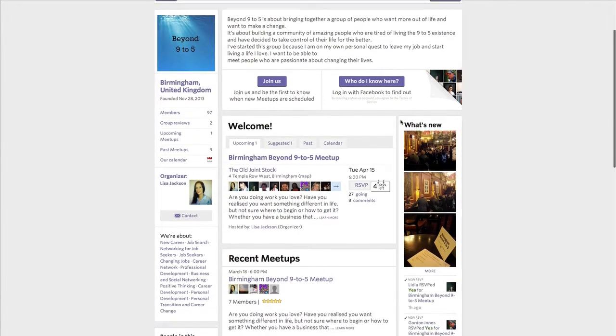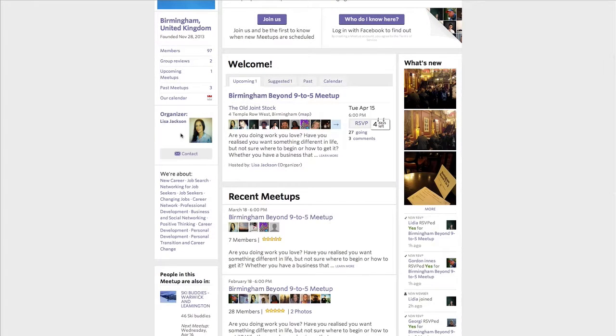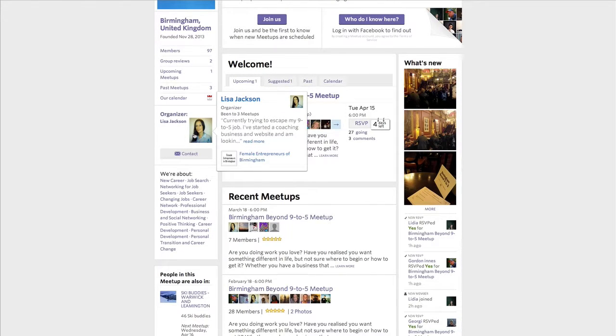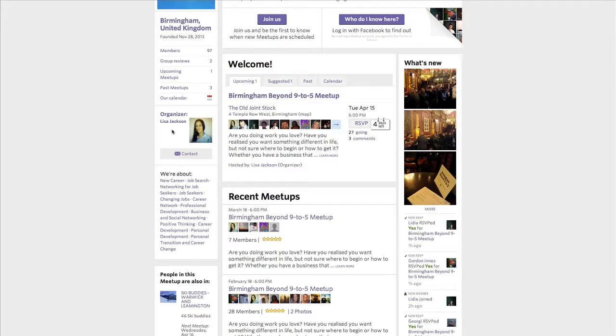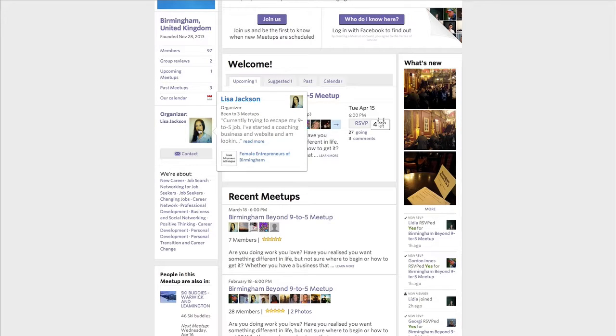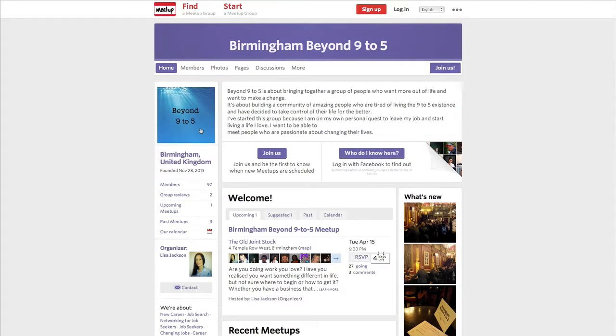We can see here that this event is organised by somebody called Lisa Jackson. If I were to hover over her profile, I can see a little bit about her. Interestingly, I could also try and find out if Lisa Jackson is on LinkedIn and connect with her and say, oh, hi Lisa, I noticed that you've set up the Birmingham Beyond 9 to 5 group. I'm interested in joining, why don't we connect here? Now that would be a great start.